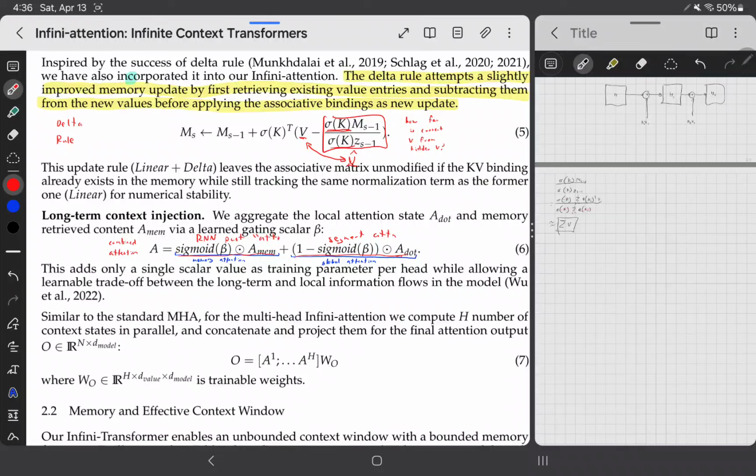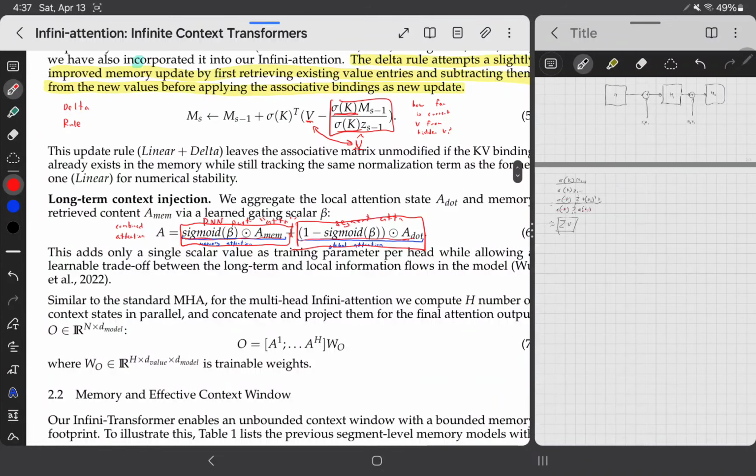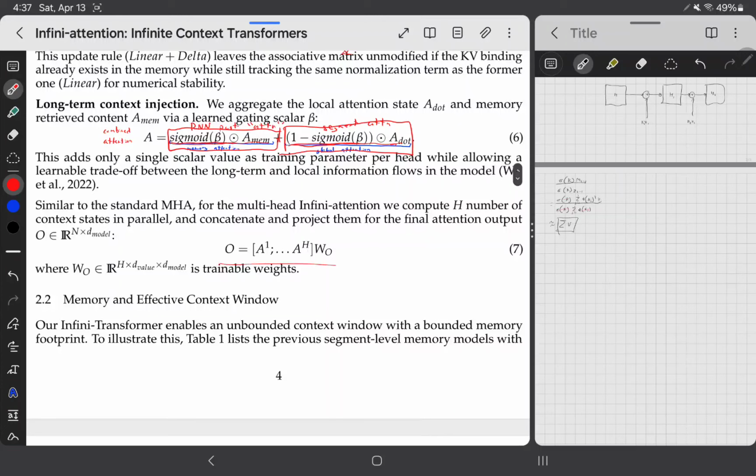I'll put attention in quotes. So this stores your entire context from prior segments, and this computes information from your current segment. And they update it using the sigmoid of some learned scalar beta, allowing it to do some interpolation between either utilizing the past states or the current segment. And then they have the output matrix here, which is normal attention output head mixing.